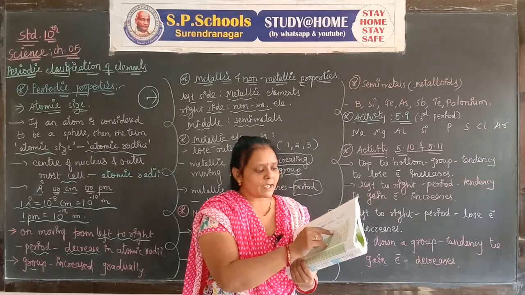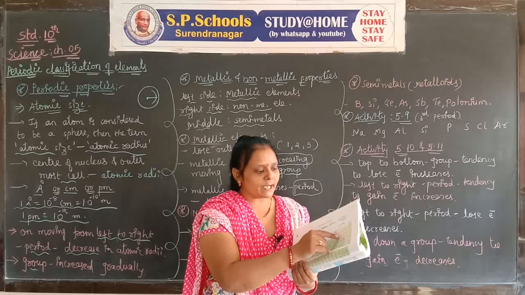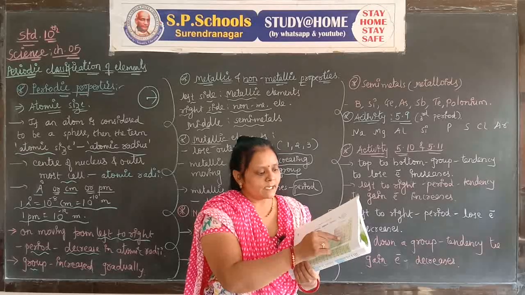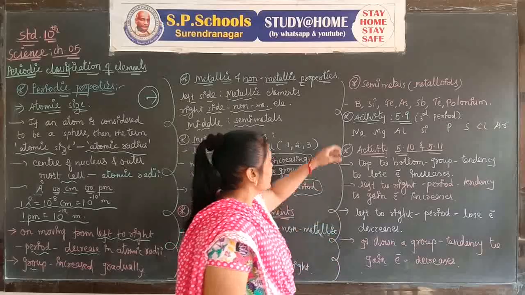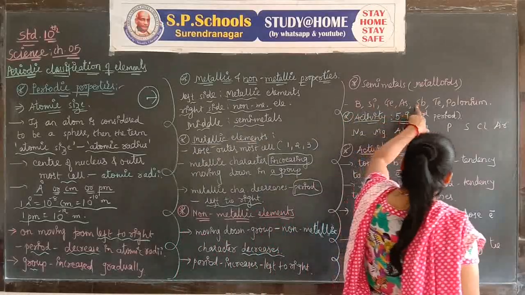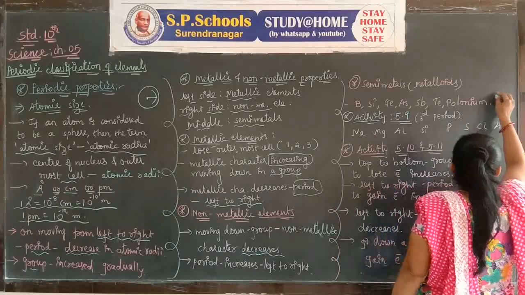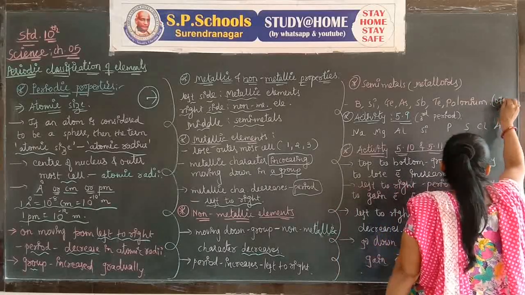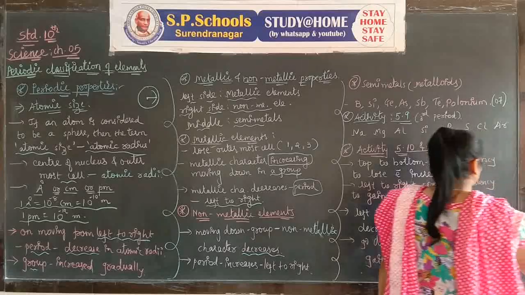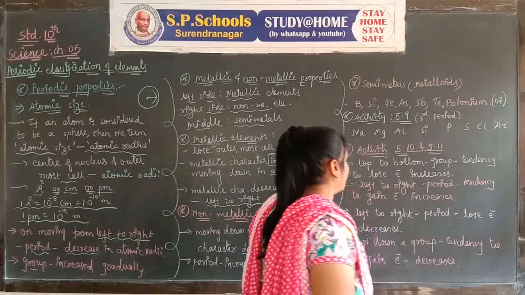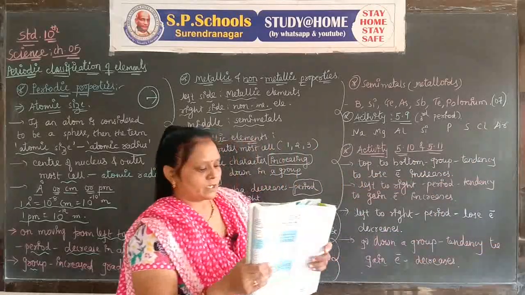B S I G E A S T E P O. Let's see. 1 2 3 4 5 6 7. There are 7 semi-metals or metalloids that you have to give in the modern periodic table.